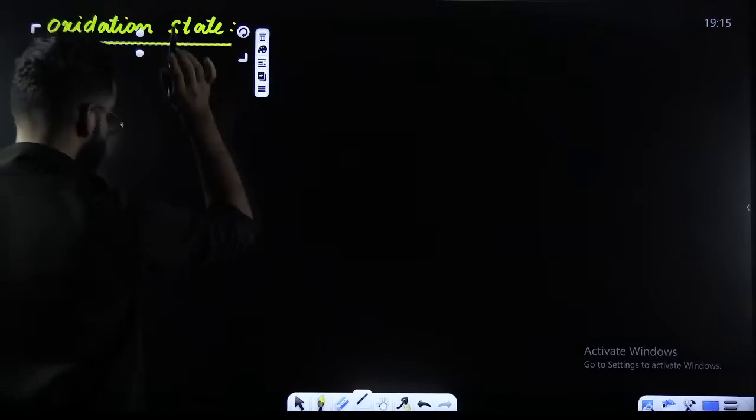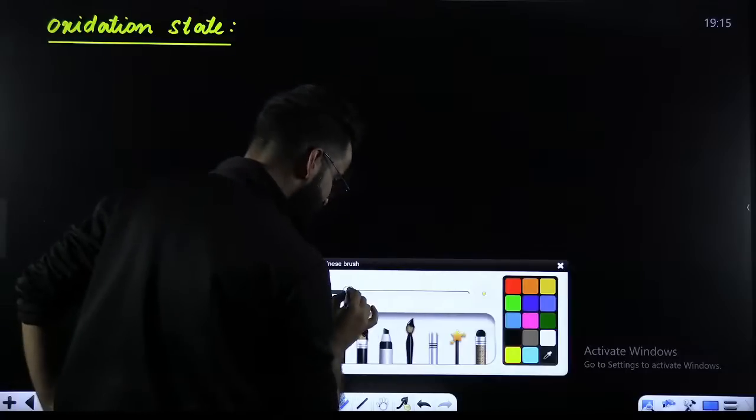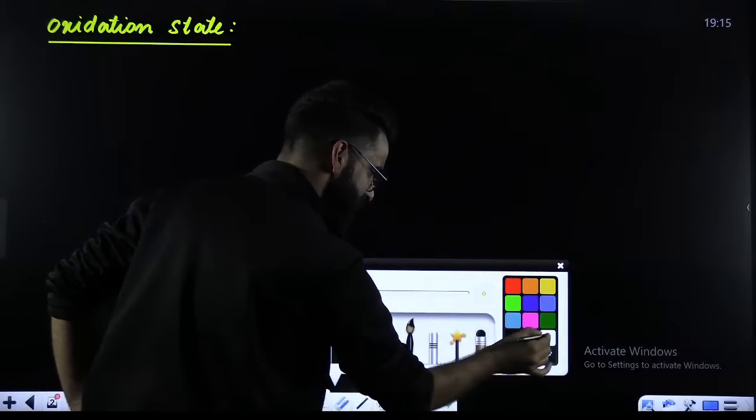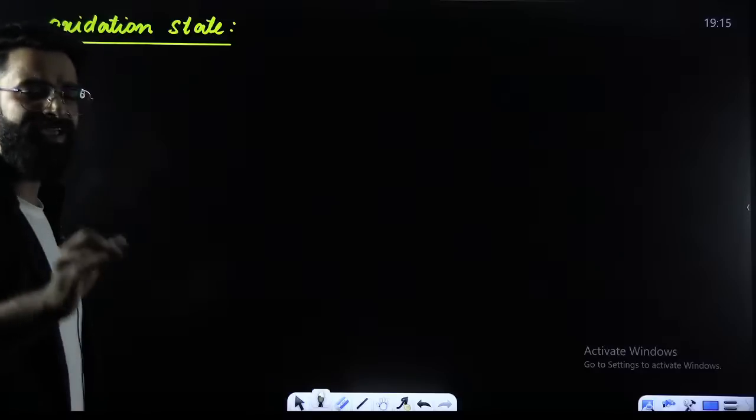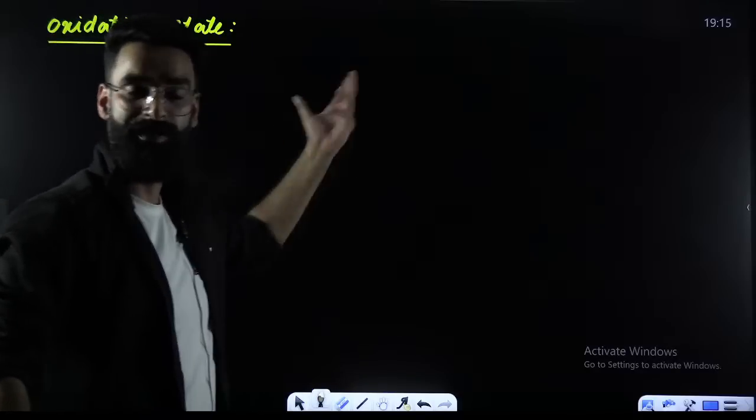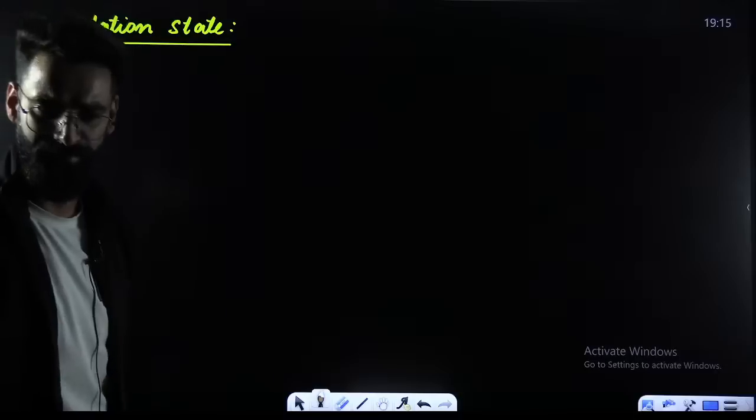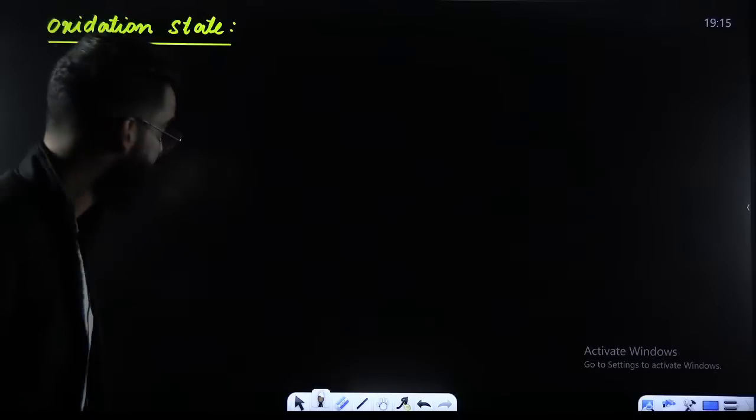Oxidation state. Before letting you know exactly what oxidation state is all about, I'll write few lines about the term oxidation state, which I would want you guys to remember. Have a look.